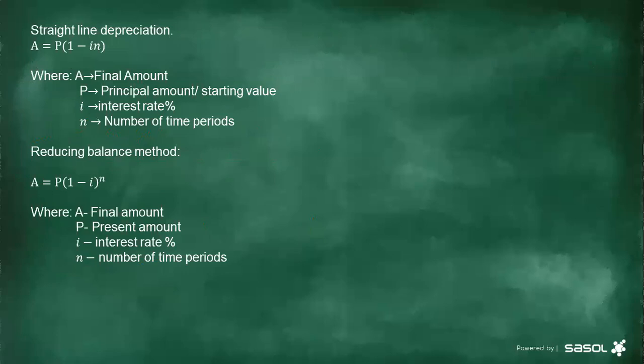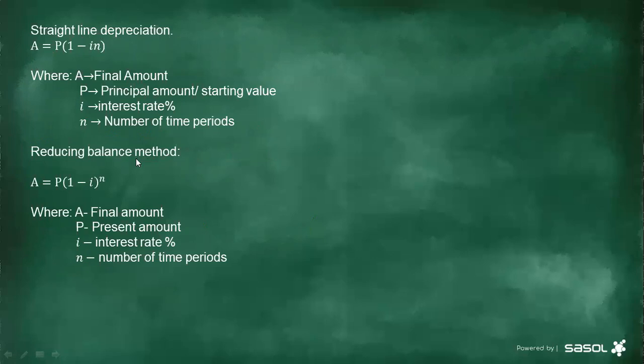Straight line depreciation and then the reducing balance method. This is the straight line method and the reducing balance method. The first one is the same as simple interest. The only difference is that it is negative, because for simple interest we use positive. You can see this negative.